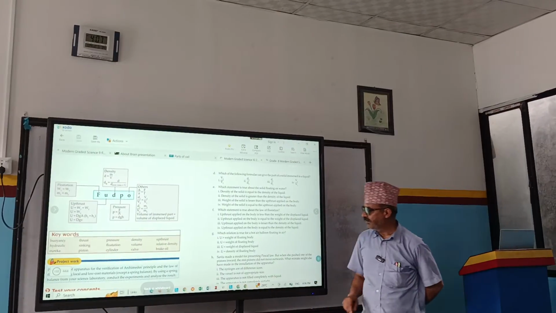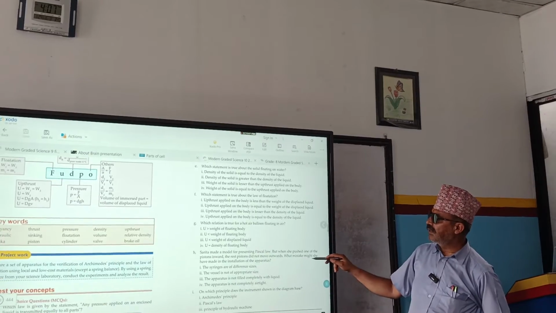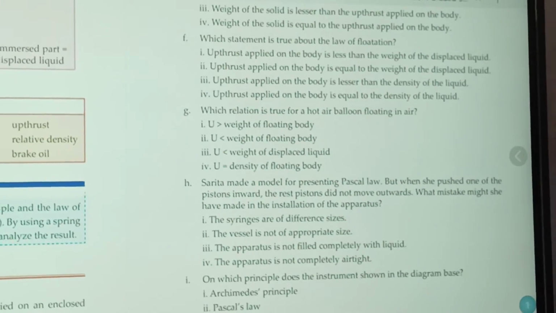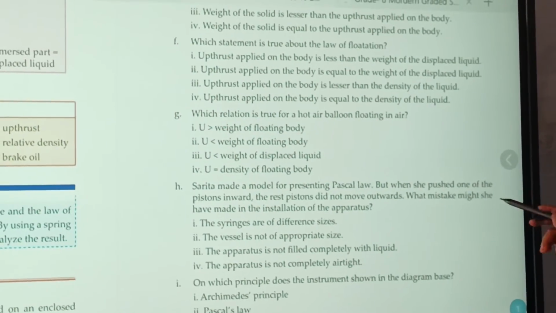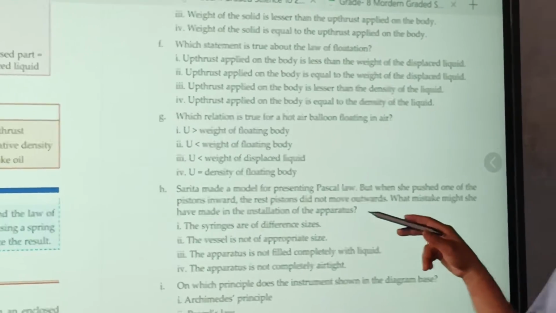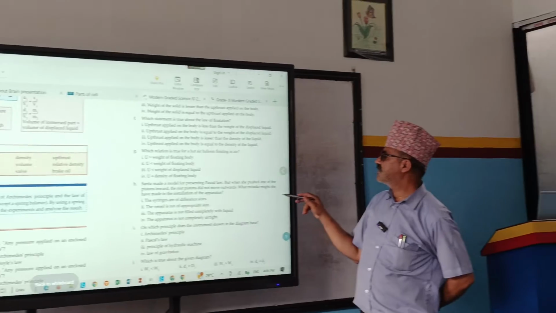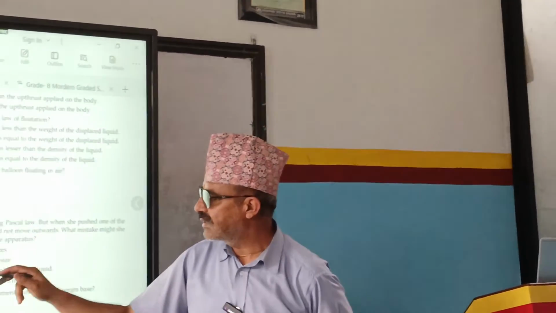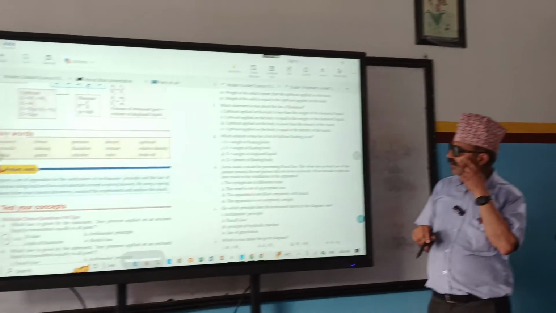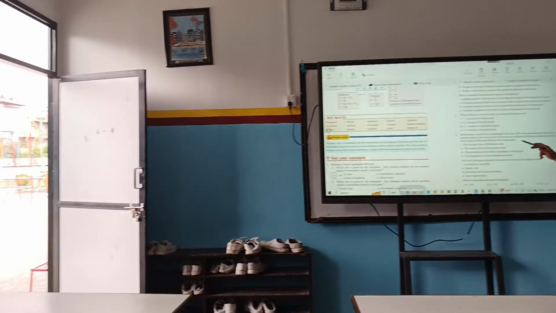Will you read the question? Sarita made a model for presenting Pascal's law, but when she pushed one of the pistons inward, the rest of the pistons did not move outward. What mistake might she have made in the installation of the apparatus? The syringes are of different size.